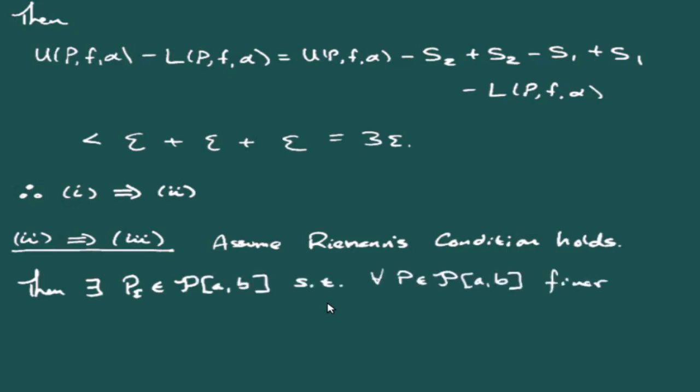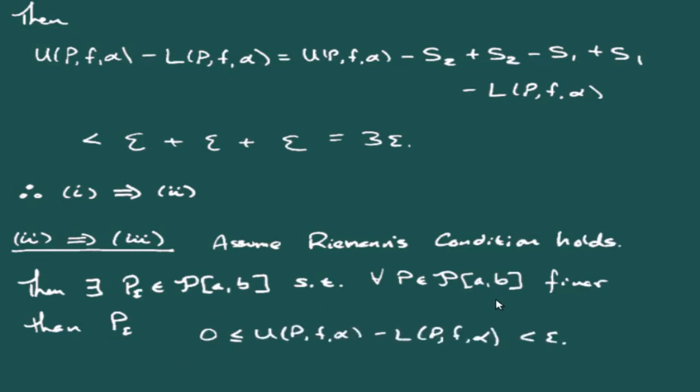So let's assume that Riemann's condition holds. Then we've got a partition P sub epsilon such that for any finer partition, our upper sum with respect to the partition minus our lower sum with respect to the partition is going to be less than epsilon.